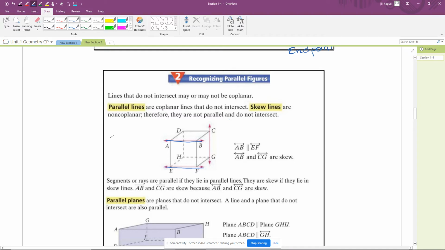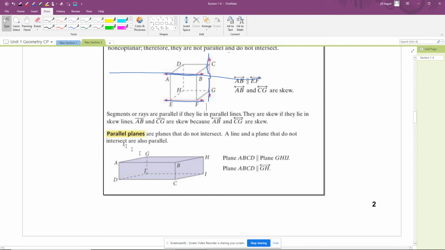So if you can envision this line going forever like this, and this line is behind it, even if I drew it down from here, you understand that's on the back of the box and goes around that and down. So even though it looks like it intersects in the world of 3D, those would not intersect, and that's what's called a skew line, okay?